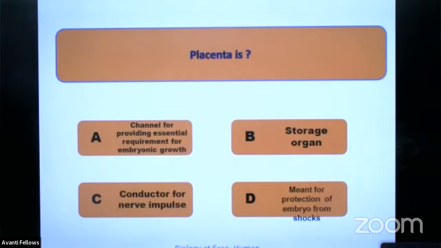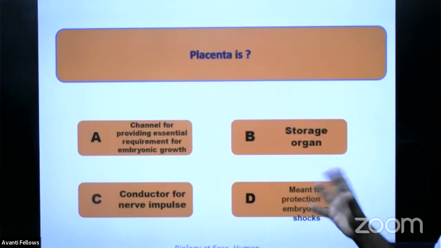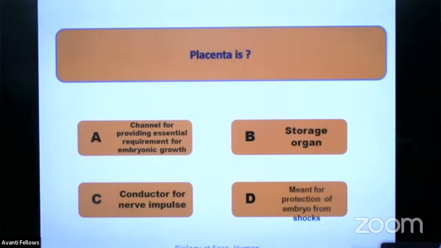Then next one, that is questions about the placenta. Placenta is a channel for providing essential requirements for the embryonic growth. Is it for the storage of organs? Or is it conducting the nerve impulses? Or is it meant for the protection of the embryo from the shock?